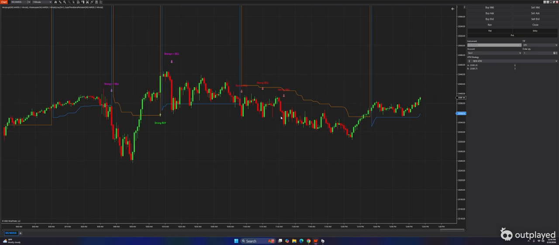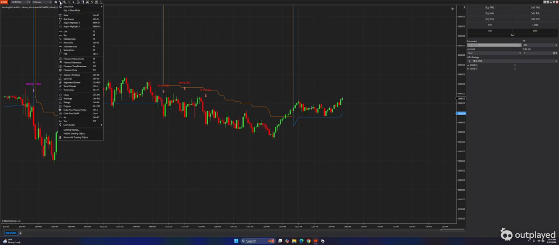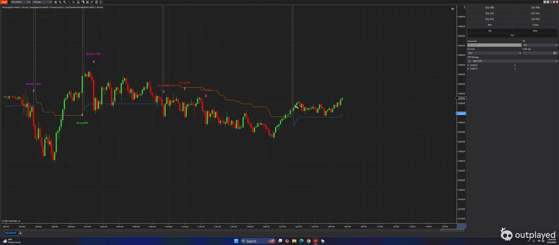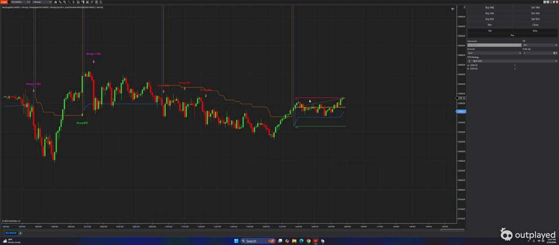Good sell signal right here, you take a sell right there, hold it. Good buy signal here. If you took this buy signal right here, risk to reward ratio, then you'd be at about 79 ticks so far.